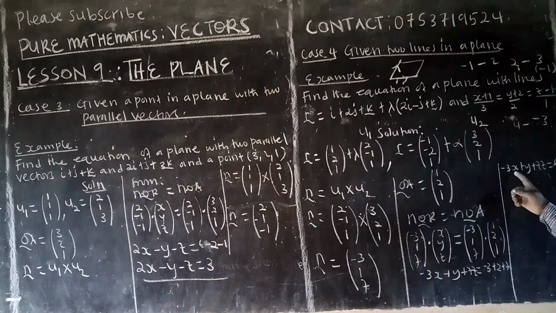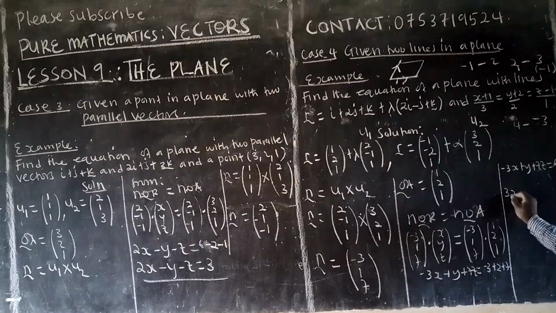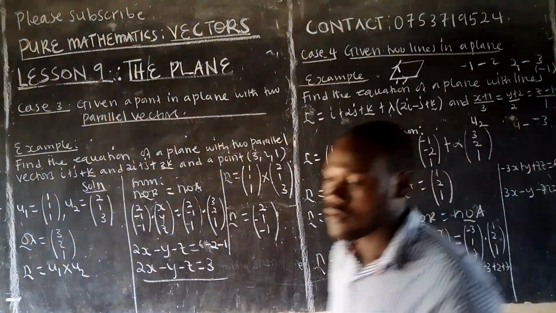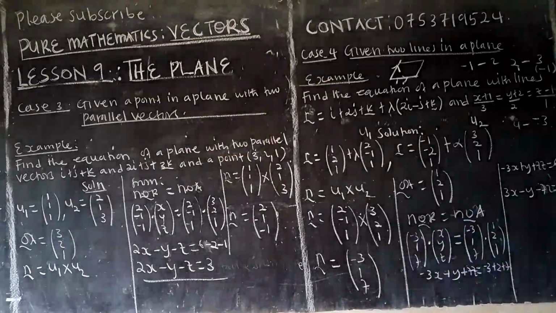Then you can leave it like that, or you can divide it through by negative. When you divide it through by negative, you get 3x minus y minus 7z is equal to 6. As simple as that. And now that is our equation of the plane in simple terms. Let us proceed.